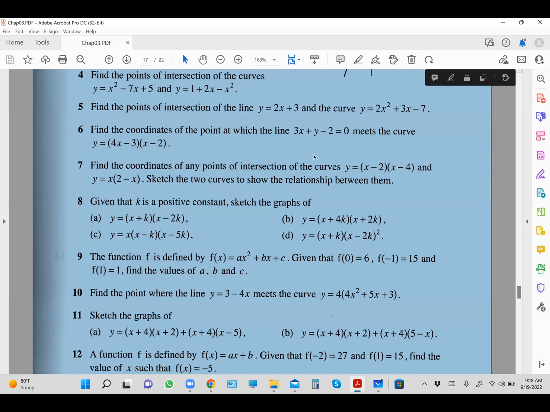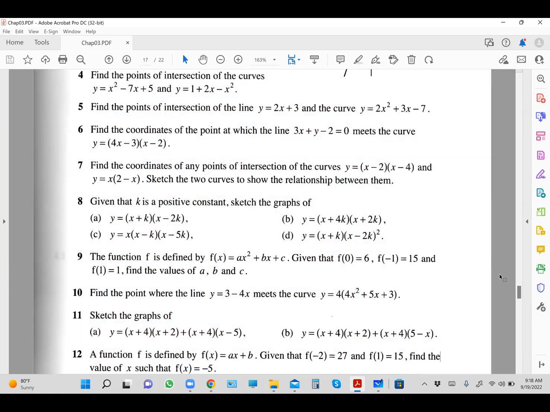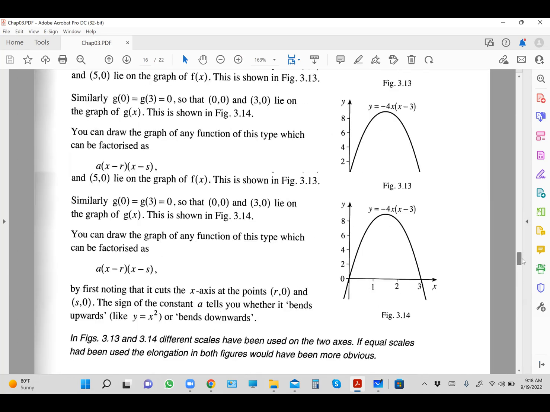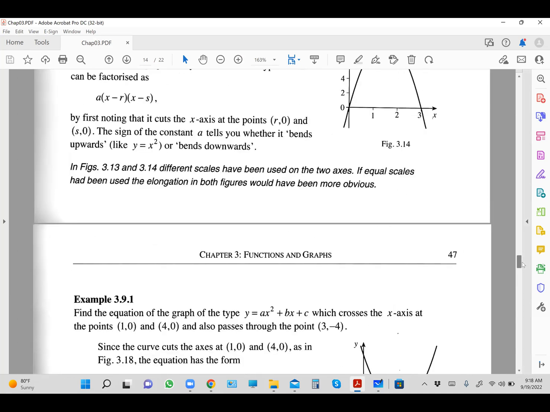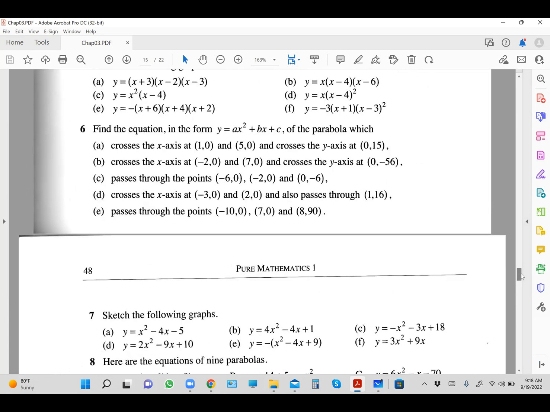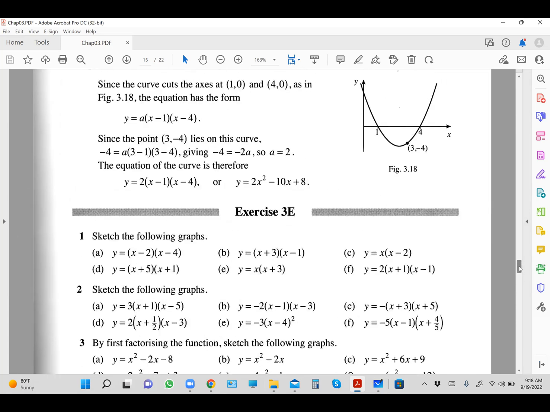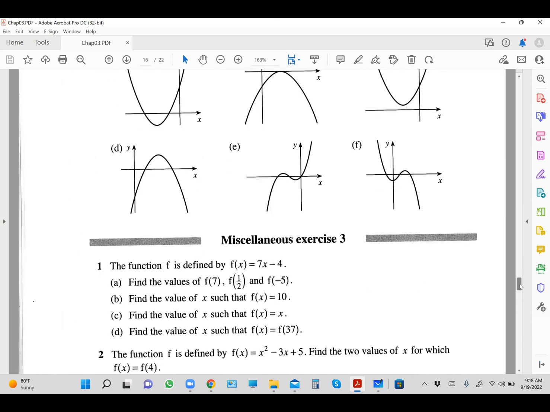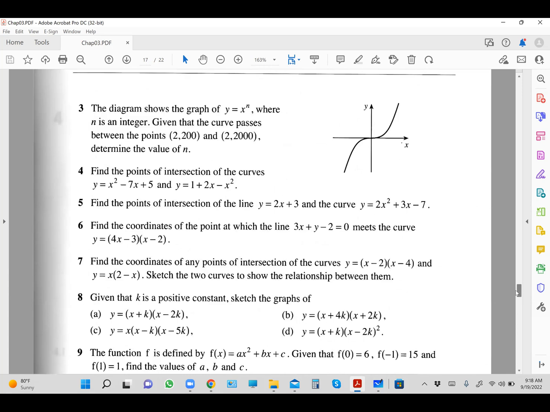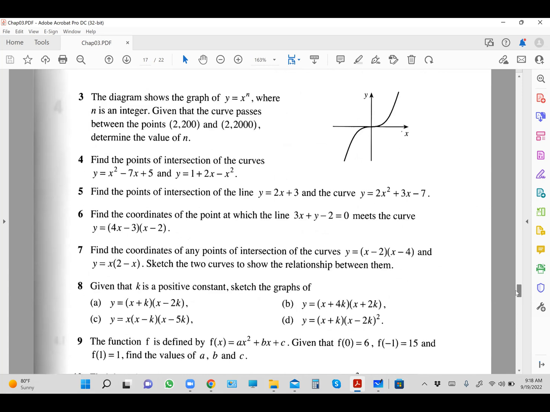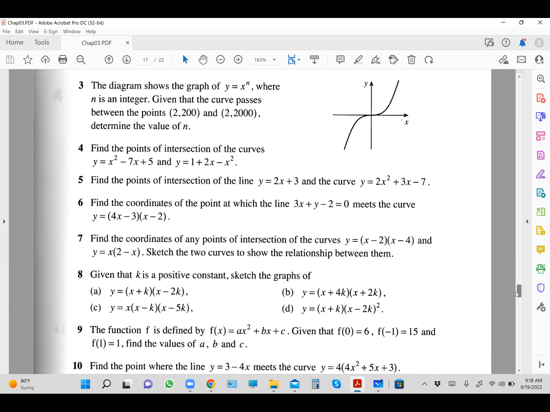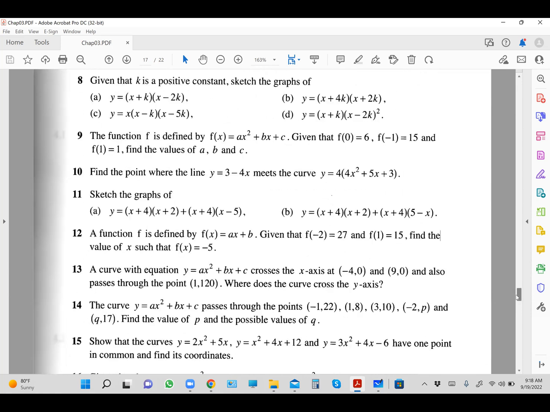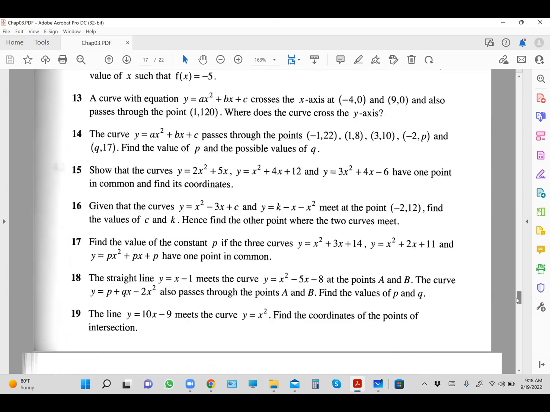But they don't even work on it that much, honestly. They don't even on this exercise, this section here. So here, this is 3E. When we go down here, let's see if we find one that talks about domain and range.